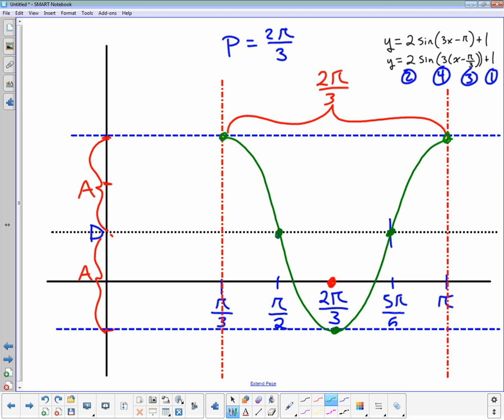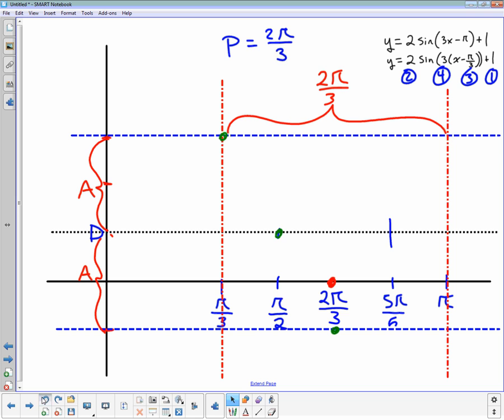Now, by the way, to help you draw a sine wave, because sometimes kids draw sine waves in weird ways. When it begins, it's starting off at a slope of 1. Okay, it's going this way. Then it becomes tangent.